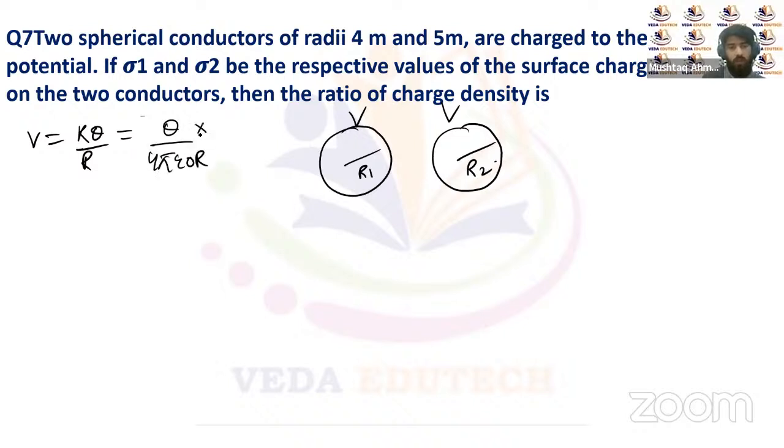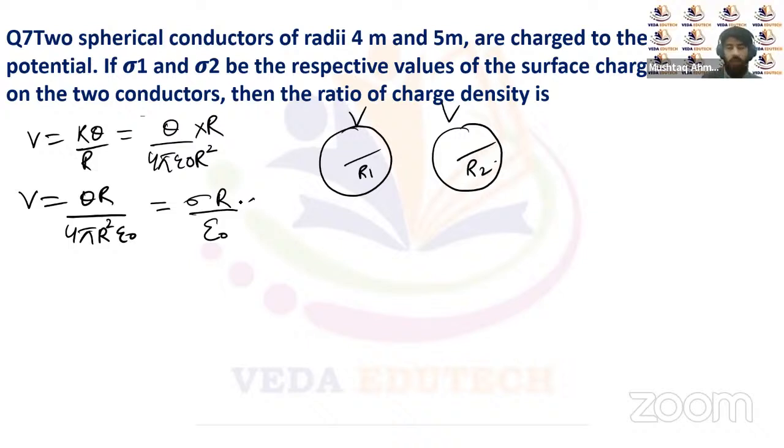If we multiply by r in the numerator and divide by r in the denominator, we get potential equal to qr upon 4 pi r square epsilon naught. Here q upon 4 pi r square is the charge per unit surface area, which is the surface charge density sigma. So sigma r upon epsilon naught is the potential in terms of the surface charge density.